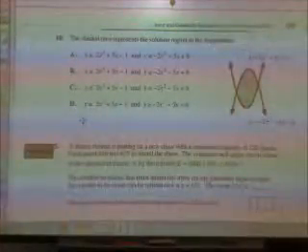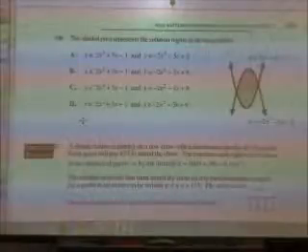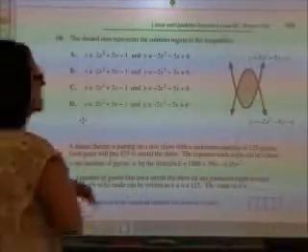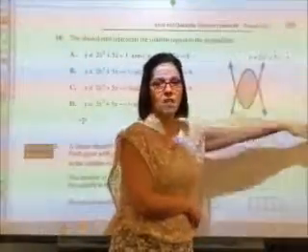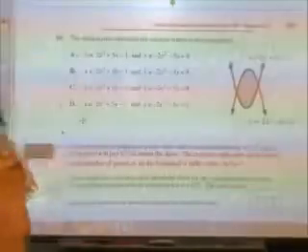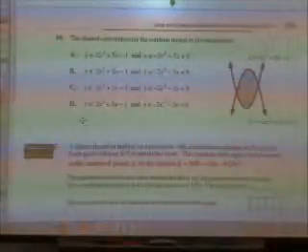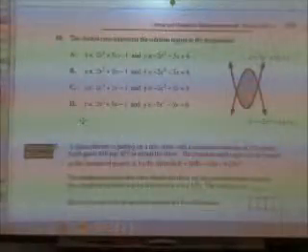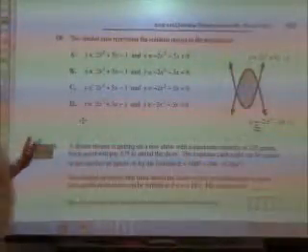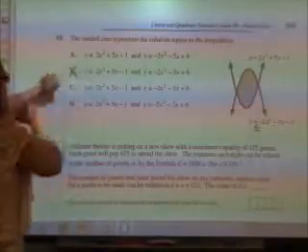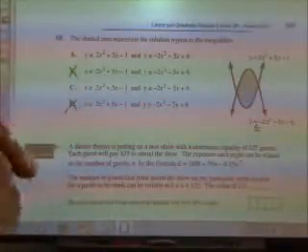What you could do with your graphing calculator is check, if I make this a y is less than, does it shade the inside region or the outside region? When you do that, you get that y is less than or equal to negative 2x squared minus 5x minus 6. So this one becomes a less than or equal to, which then eliminates B and D.